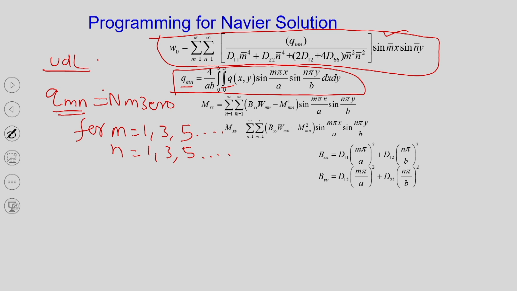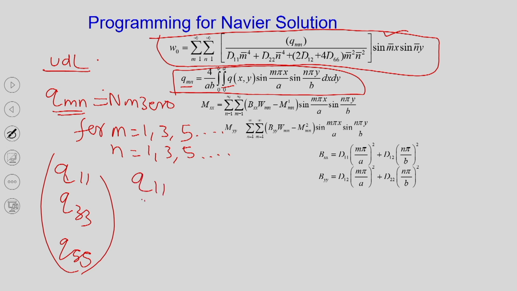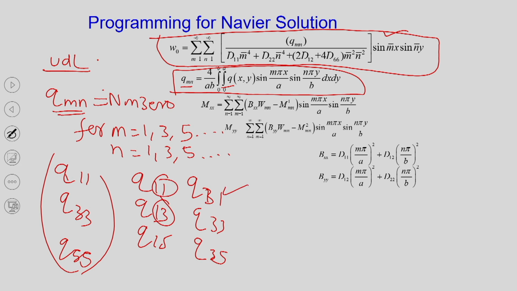The student asked, ma'am, will it be just 1,1, 3,3 or 5,5? Will only these contribute, or will we have 1,1, 1,3, 1,5, then 3,1, 3,3 and 3,5? All odd combinations will contribute.